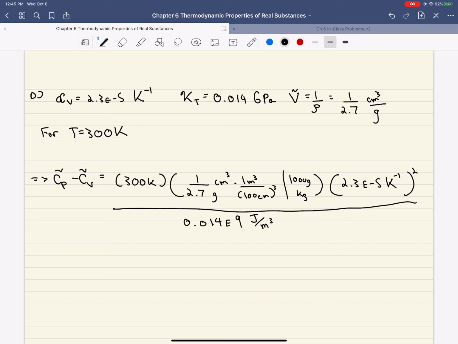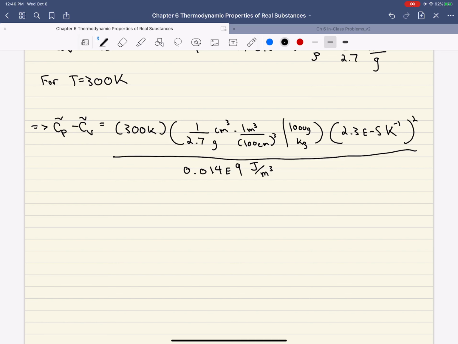Okay? All right. And so when we write out this equation, we get that Cp minus Cv ends up being 4.2 joules per kilogram Kelvin.